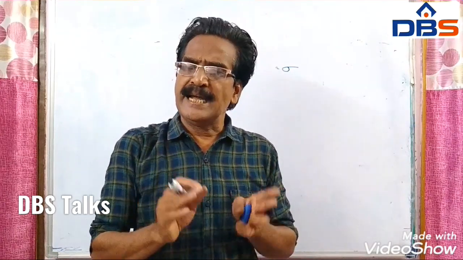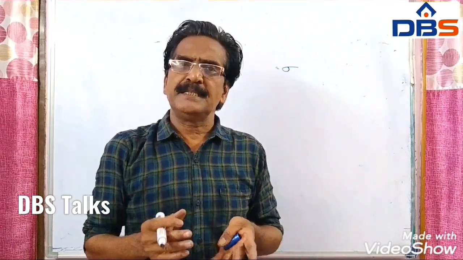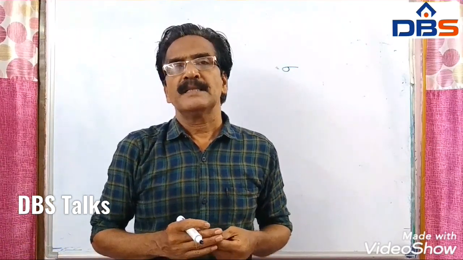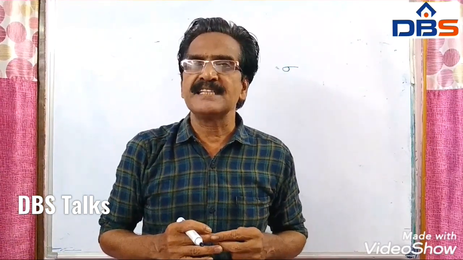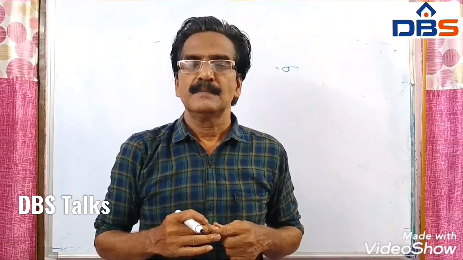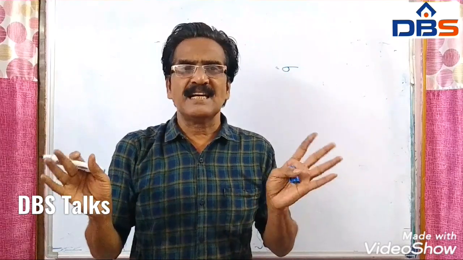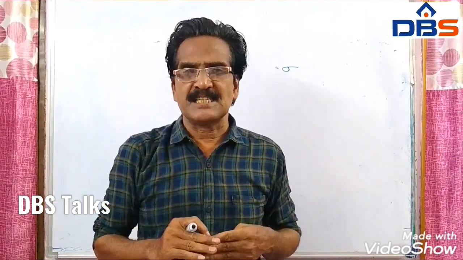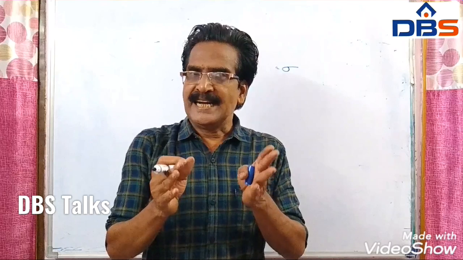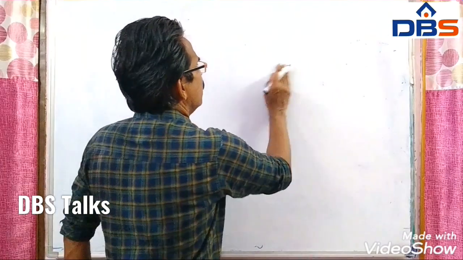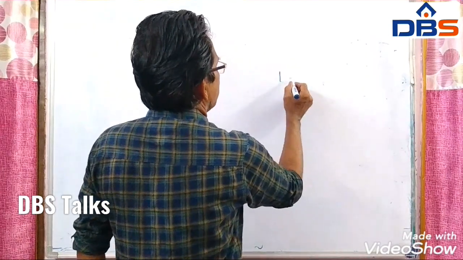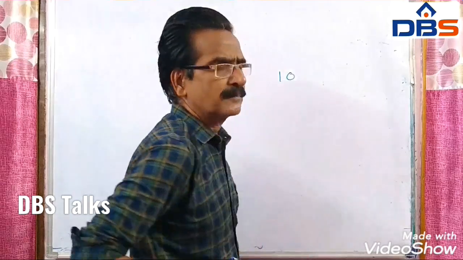If something is added or subtracted from every value, then what is the standard deviation of the resultant data? Some observations are there. We don't know those observations, but the standard deviation of those observations is something, say 10.